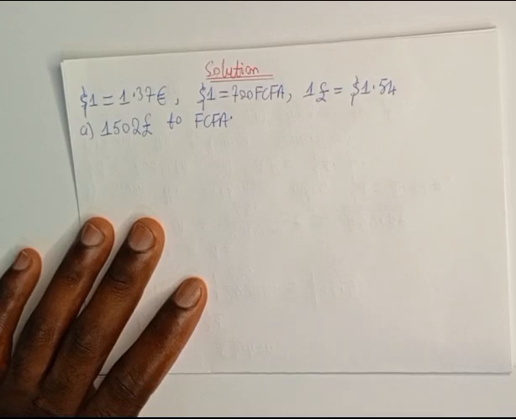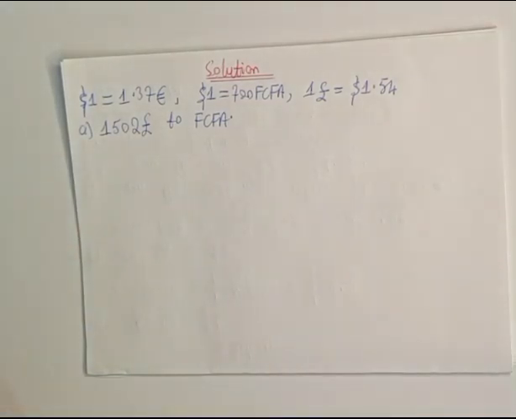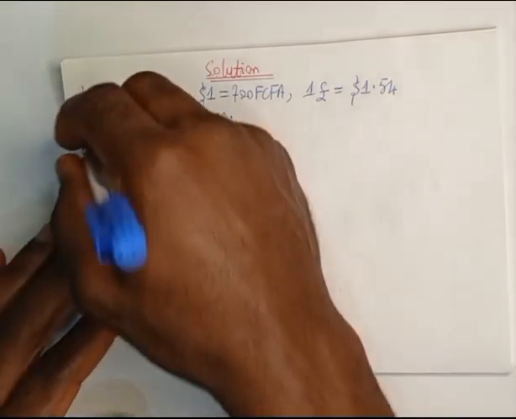First, for us to convert 1,502 pounds to francs CFA, we need to start by converting 1,502 pounds to dollars. When we convert from pounds to dollars, we can easily convert now from dollars to francs CFA.